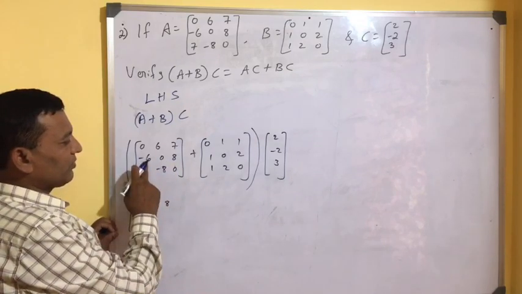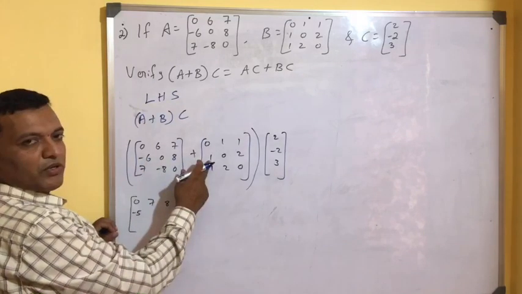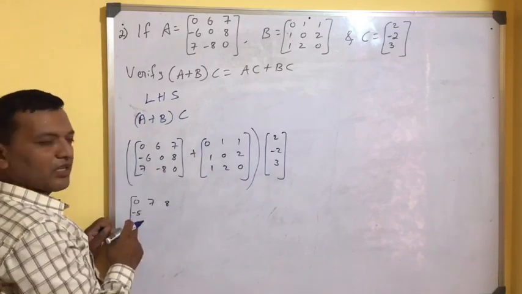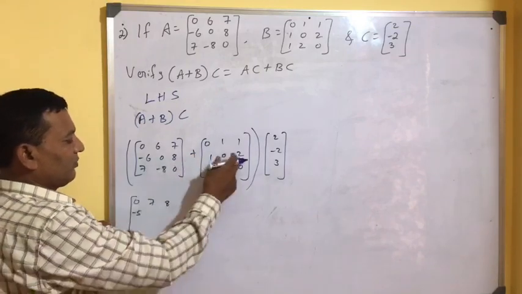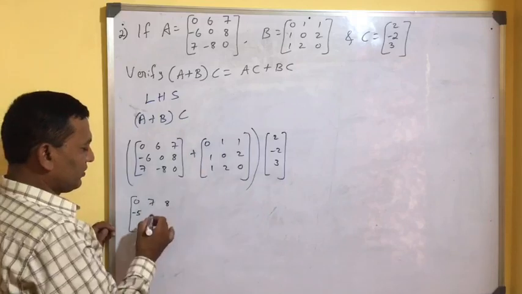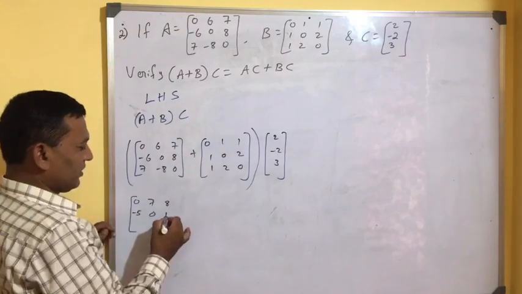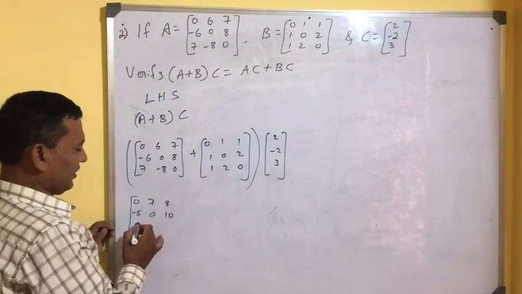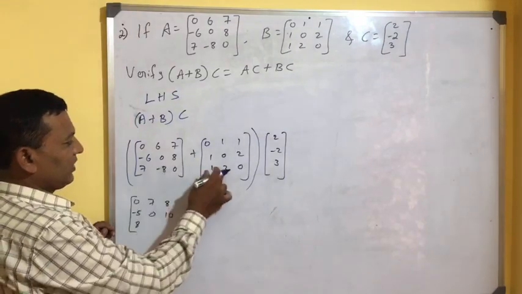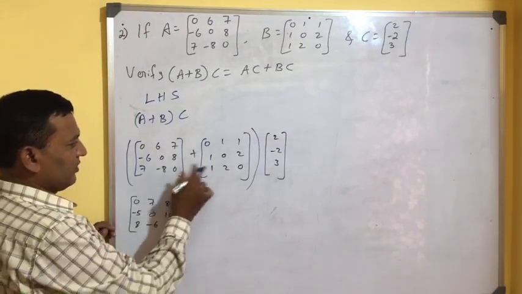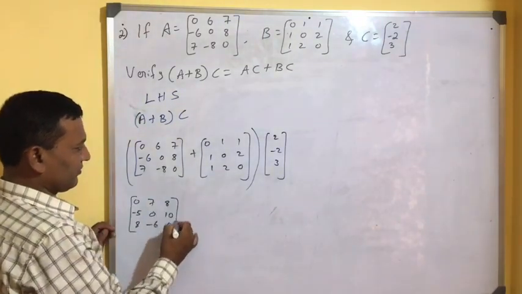When the bigger number is minus, the sign will be minus. 0 plus 0 is 0, 8 plus 2 is 10. Now 7 plus 1 is 8, minus 8 plus 2 is minus 6, 0 plus 0 is 0.